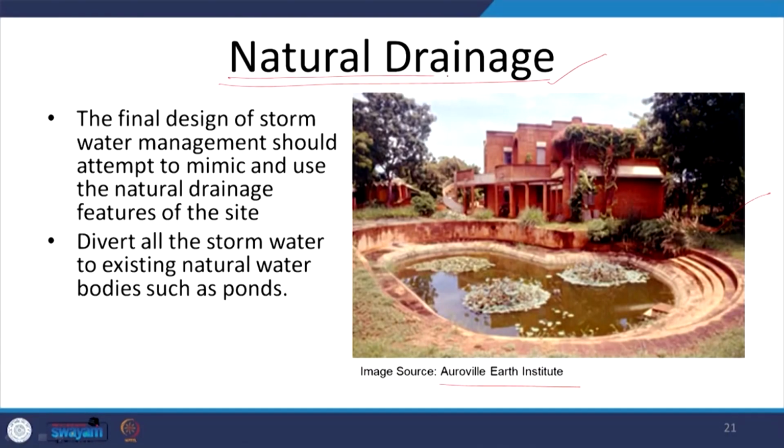All of that design happens when we understand and study the natural drainage patterns, which is part of the natural topography study.